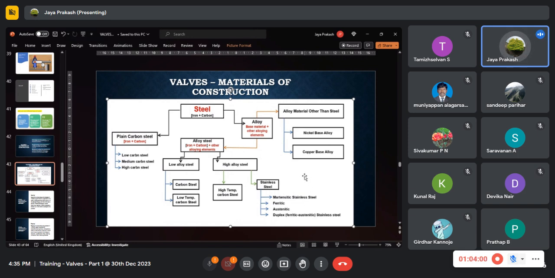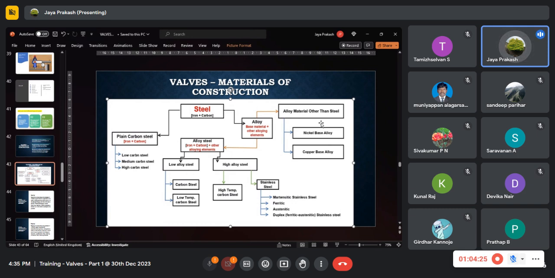We have different types of stainless steel: martensitic, ferritic, austenitic, and after that, duplex stainless steel. Another type of alloy material is super alloy steel, that is nickel-based material and copper-based material.